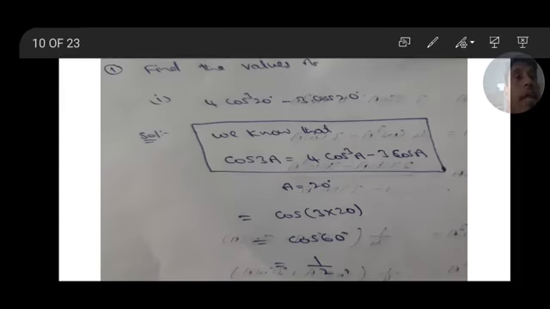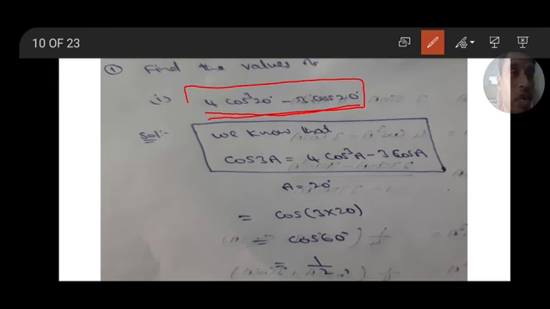First one, find the value of 4 cos cube 20 degrees minus 3 cos 20 degrees. The given problem is of the form 4 cos cube a minus 3 cos a, where a is 20 degrees.